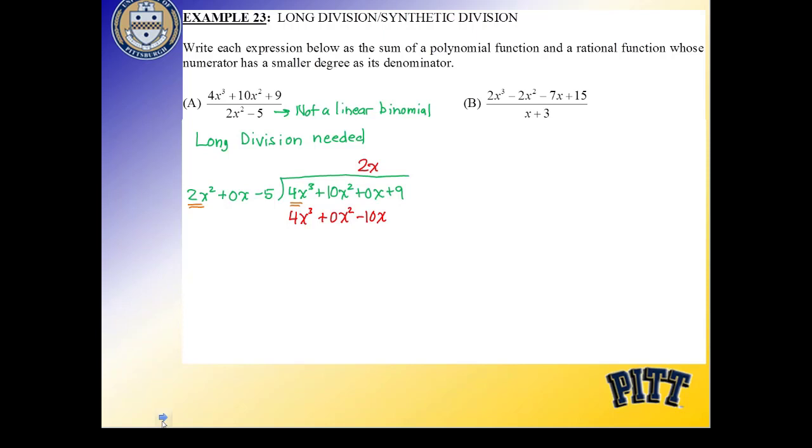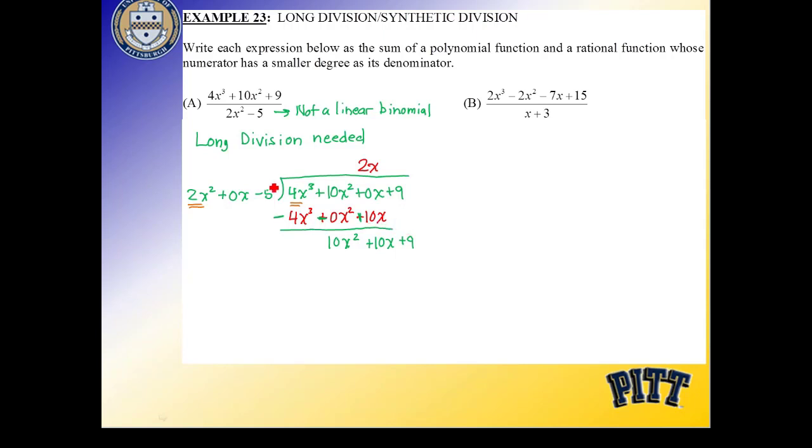Now, if you remember your long division of numbers, the next step is subtraction. When I carry through this subtraction, I have some sign changes. This becomes a minus 0x squared, which doesn't really matter, since subtracting 0 still changes nothing. What's more important is that I had a minus 10x, and it now becomes a plus 10x because I'm subtracting a negative.